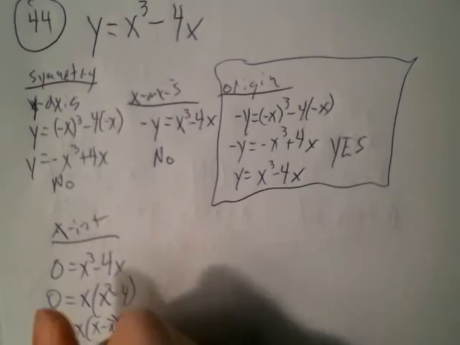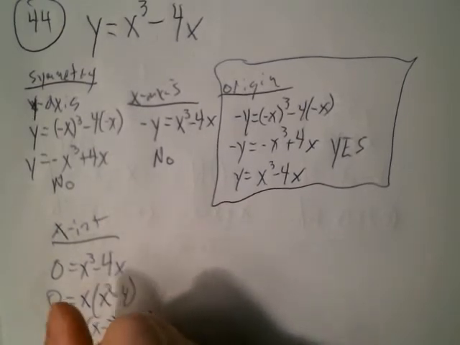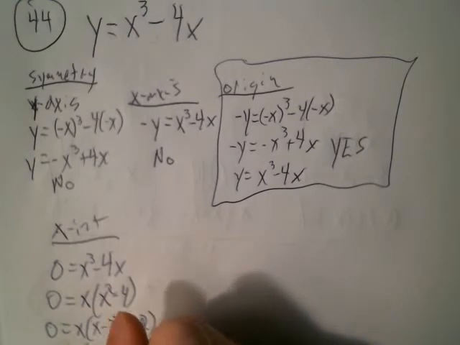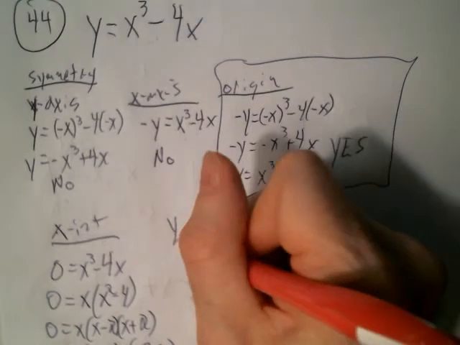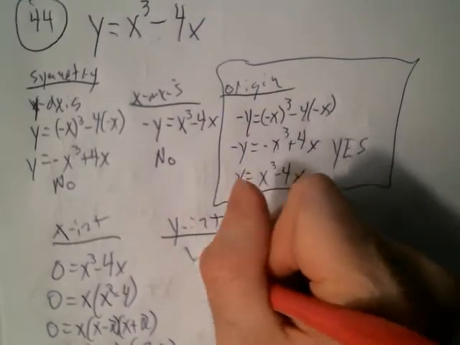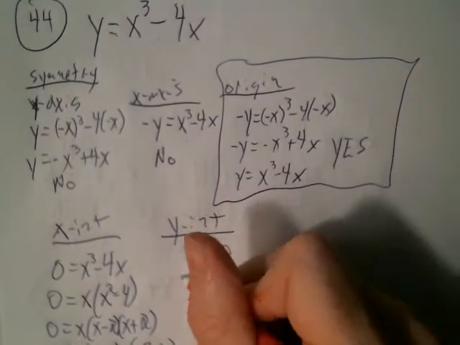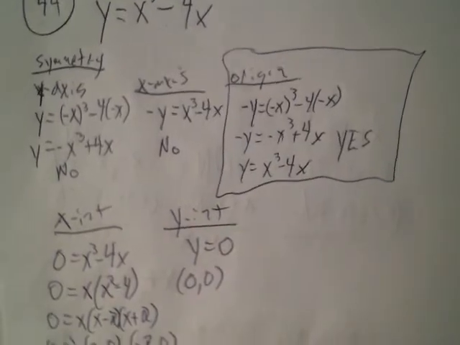I have 3 x-intercepts: 0, 2, and negative 2. Finally, for my y-intercept, you let x equal 0, so I get 0, 0 there.